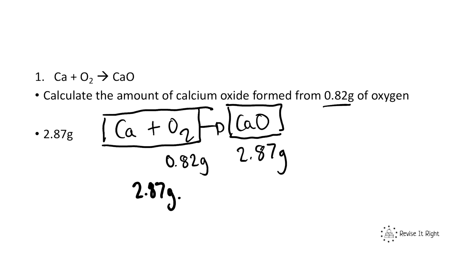So to find the amount of calcium that we needed to react with 0.82 grams of oxygen, we just need to do 2.87 grams, take away 0.82 that comes from the oxygen, and that would leave us with 2.05 grams. So that tells us we need 2.05 grams of calcium to react with 0.82 grams of oxygen, and we will get 2.87 grams of calcium oxide.